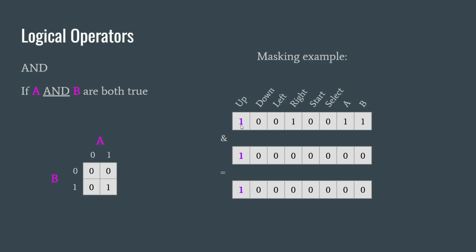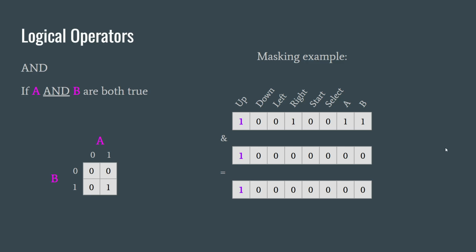If up was 0, then the result would be 0. And that's because we're ANDing it. All the other bits, you see, we don't care about them. So even though they're pressing right, that's a 0 because we have a 0 here. So we're effectively masking off all of the other buttons and just looking at up.